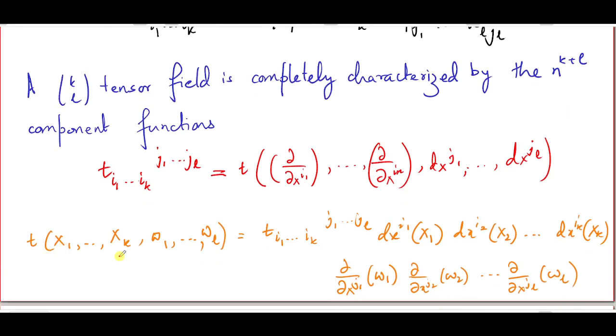You can take this function, T^{j1 j2 ... jl}_{i1 i2 ... ik}, multiplied by X_1^{i1}, which is really dx^{i1} acting on X_1, then dx^{i2} acting on X_2 gives you X_2^{i2}, and so on. And omega_{1 j1} is nothing but the coordinate basis vector field del/del x^{j1} acting on omega_1, all the way up to del/del x^{jl} acting on omega_l.